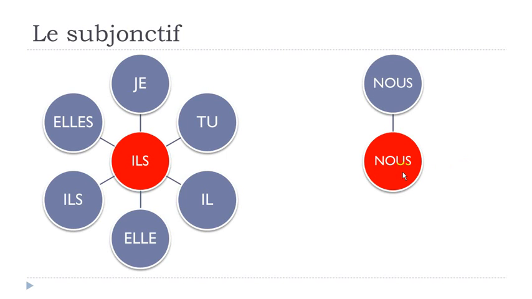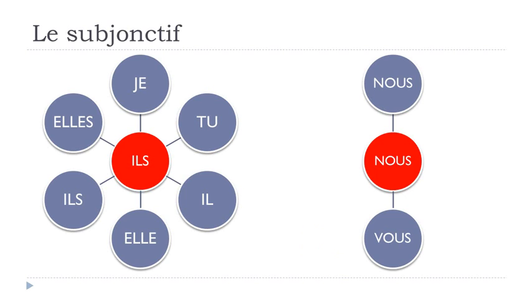And that's the tricky thing of the subjunctive. That's the reason why in many cases students tend to say, oh my god, it's too difficult. It's just because we've got two different ways of making the form for je, tu, il, elle, ils, elles, and then nous and vous. But don't be afraid, because in most cases you will see that it's quite easy.